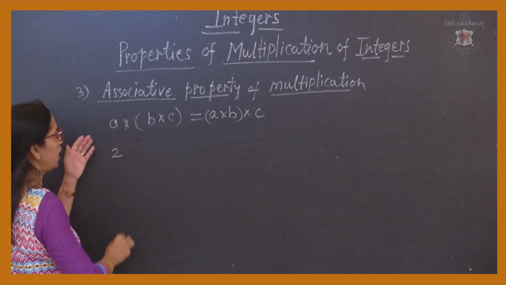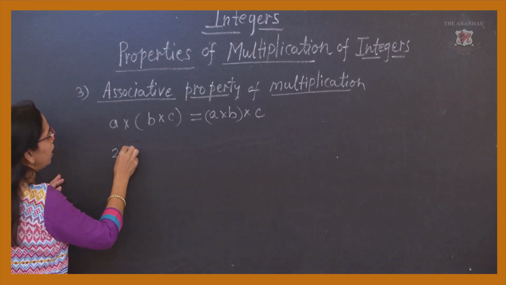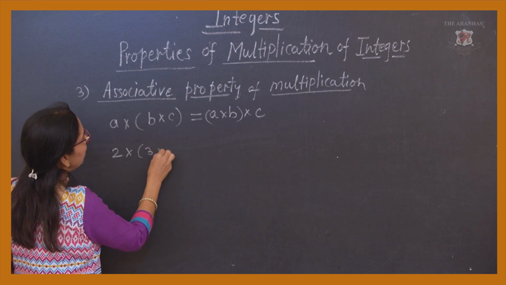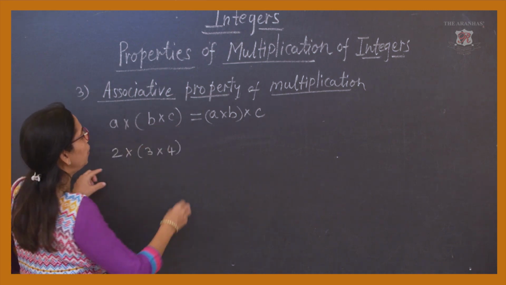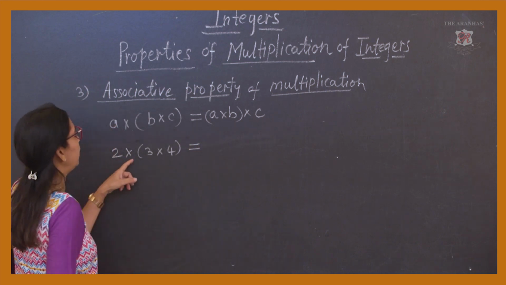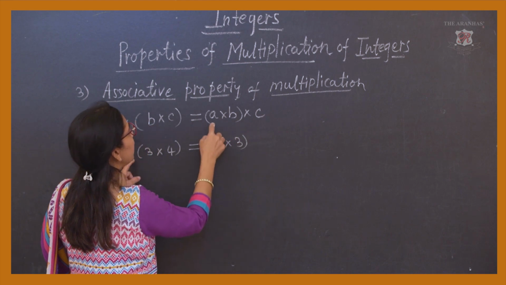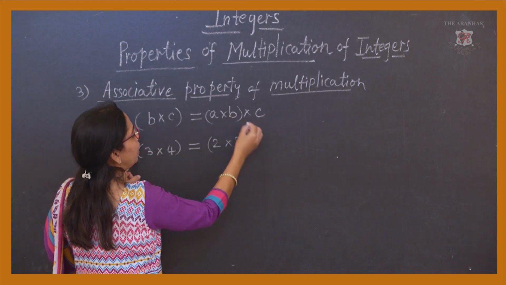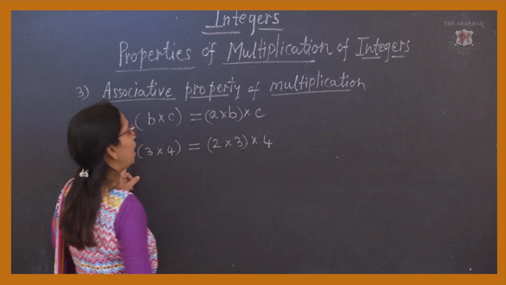Now suppose any integer a we are taking as 2. Then taking other integers b and c, you can write 2 into 3, meaning a and b, and then multiplying by c, which is 4.